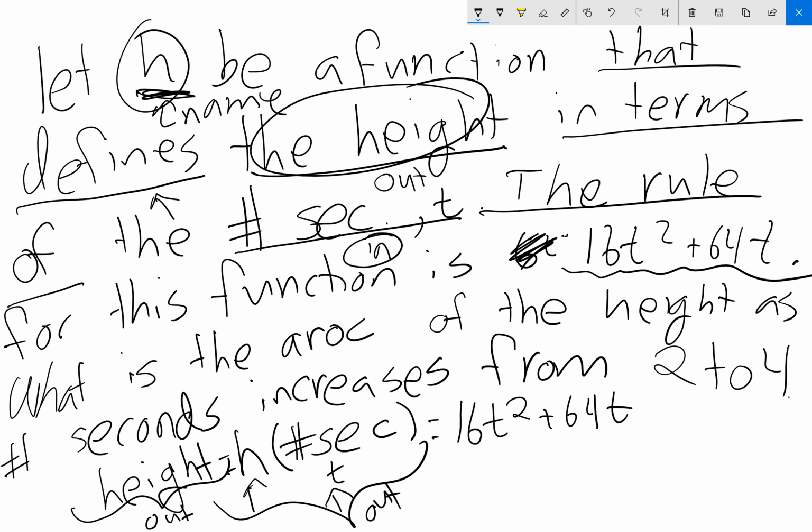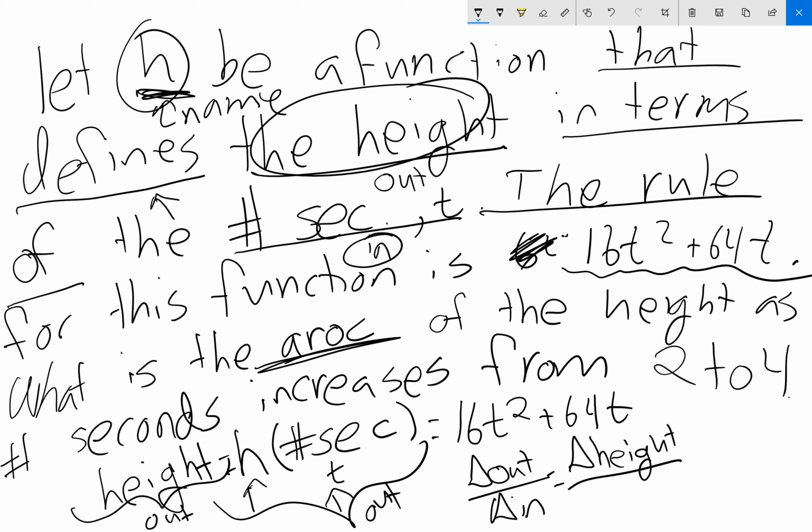Okay. What is the average rate of change? You need to remember that the average rate of change is the change in the output over the change in the input. So our output is height, so the change in height over the change in the input, which is time.